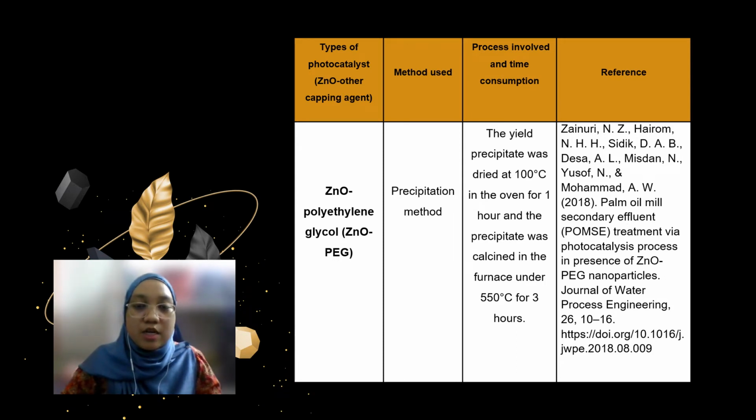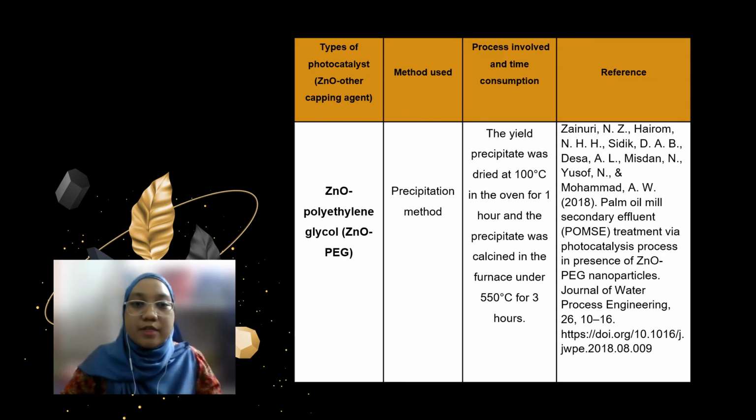This research used the precipitation method. In recent years, the precipitation method has been widely developed for the preparation of stable zinc oxide nanoparticles. The process involved and time consumption in this research is longer than using zinc oxide clay liquid.